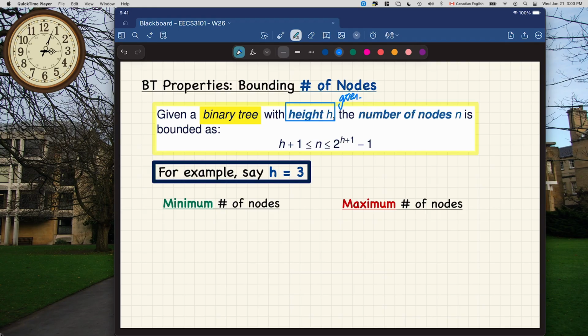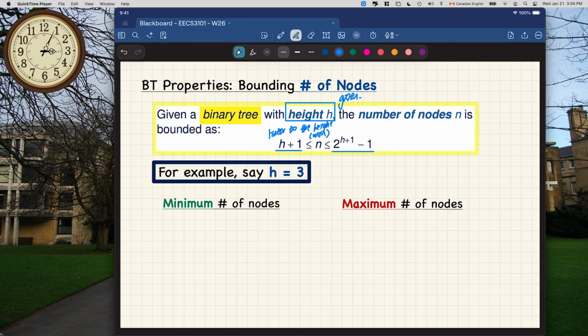So if you look at the upper bound and lower bound, this will be the lower bound, and this will be the upper bound, okay? How do we interpret that? We're basically saying the number of nodes in the tree will be, in the minimum case, linear to the height.